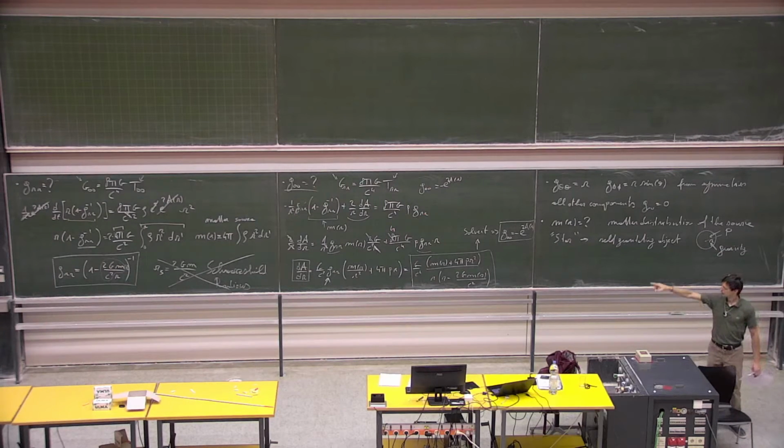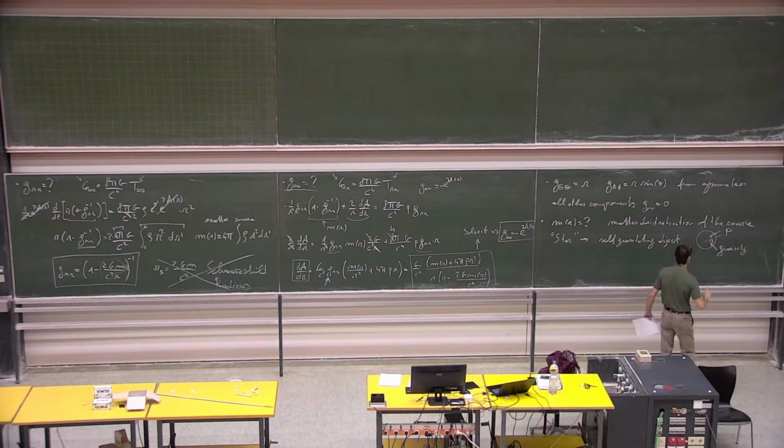Okay? If you remember, I remind you that in the energy momentum tensor, the pressure is a key object. And the pressure depends on how this object is structured and composed. If we take a white dwarf, it has a relationship between the pressure and the density which is different with respect to the one of the sun, for instance.